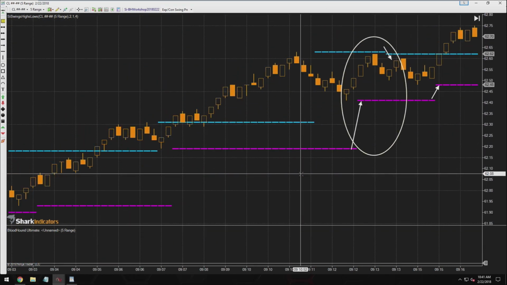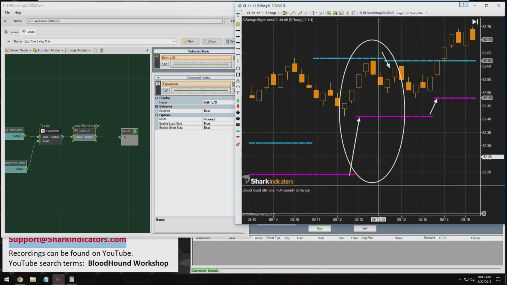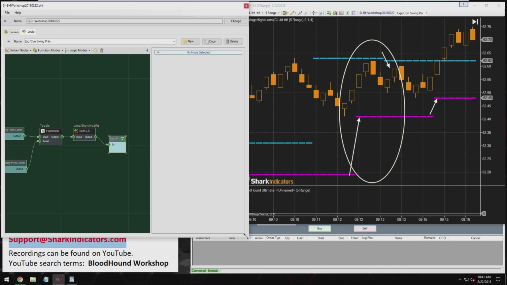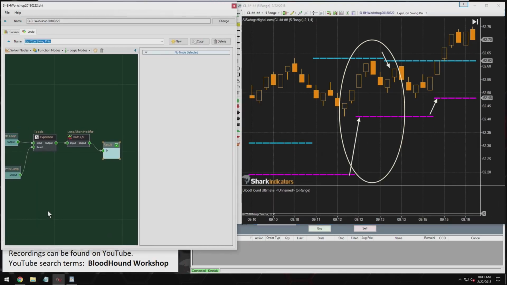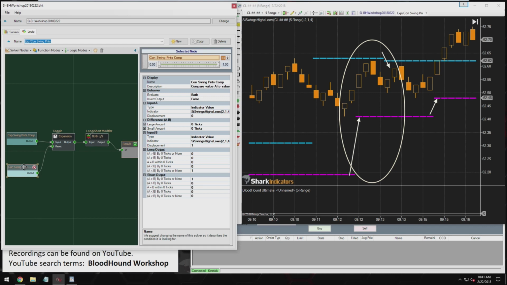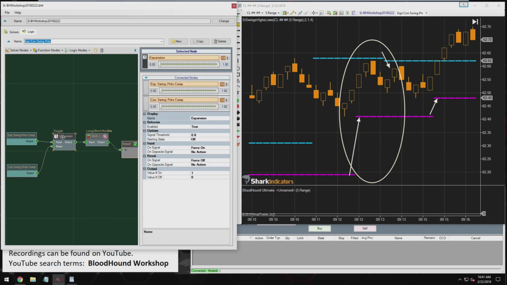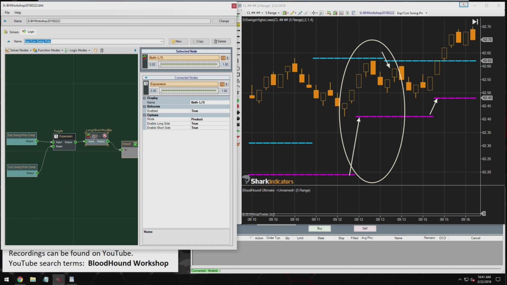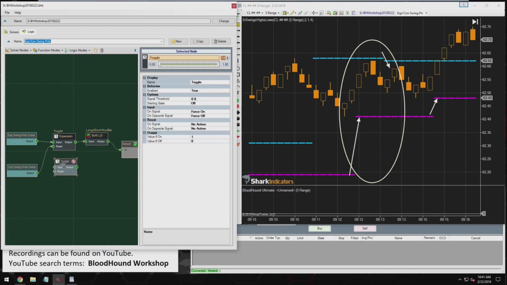Now let's work on the contraction area. Essentially for the contraction, we're going to duplicate our toggle and long-short modifier work here. So let's grab another toggle node.